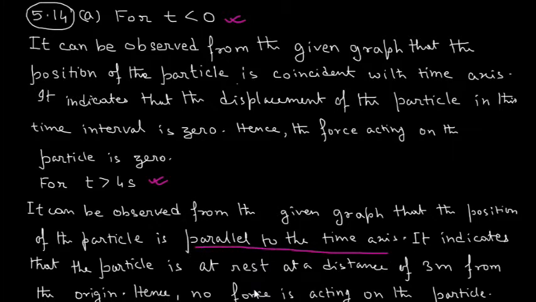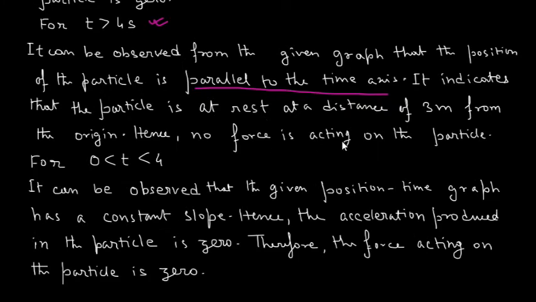It indicates that the particle is at rest at a distance of 3 meters from the origin. No force is acting on the particle for t less than 0 and t greater than 4.